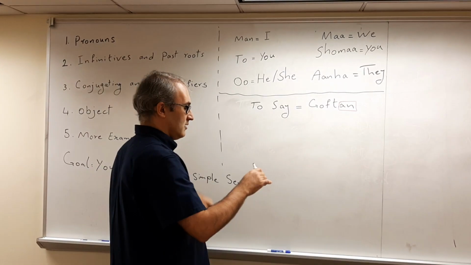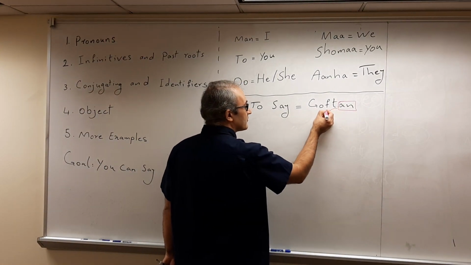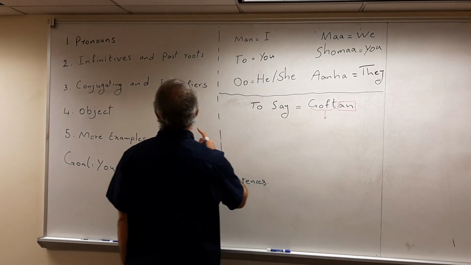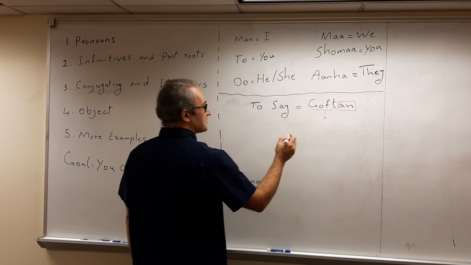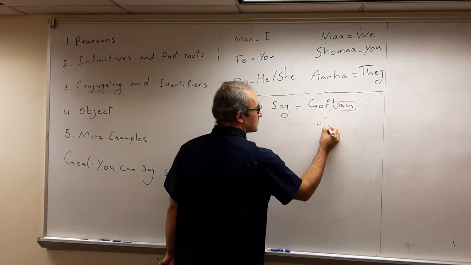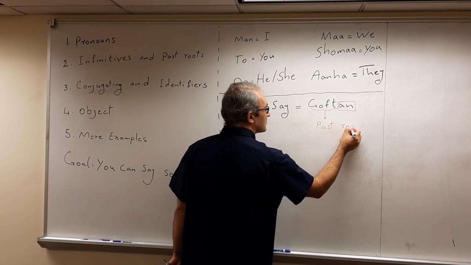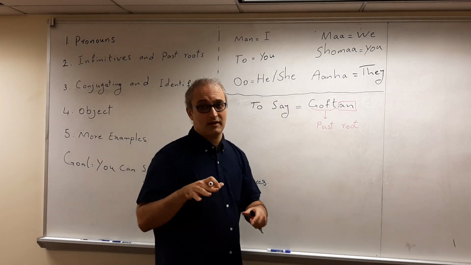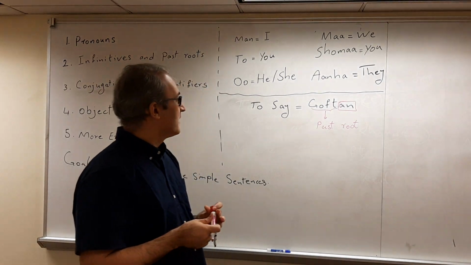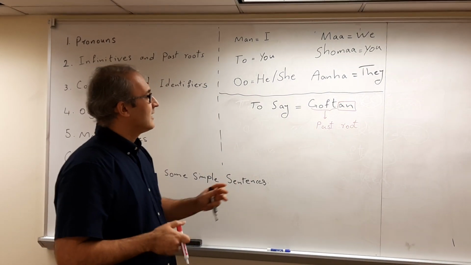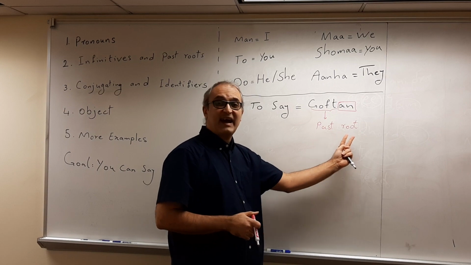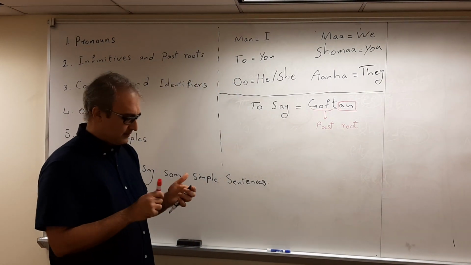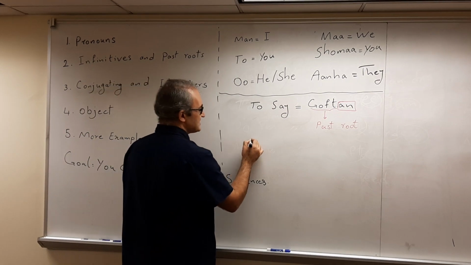And گفت, the rest of the word, is the past root. And we will use past root a lot today. Okay? گفتن, and گفت is the past root. The other example, to see.